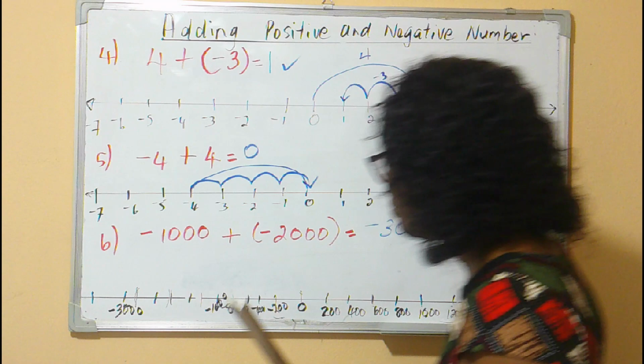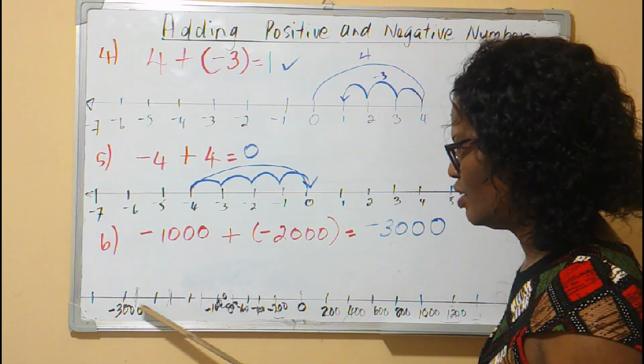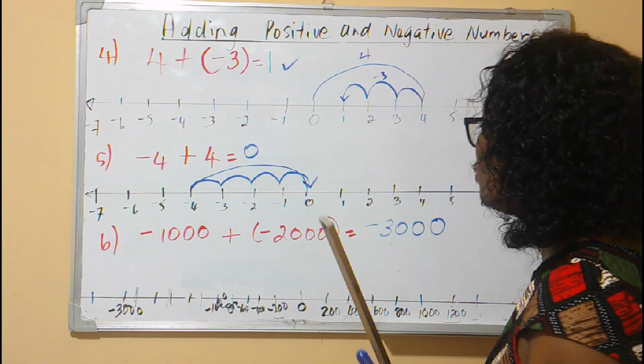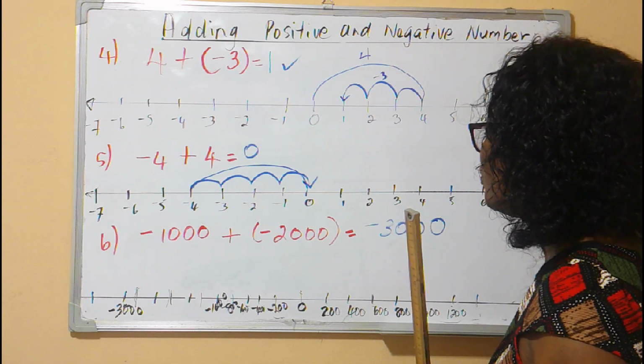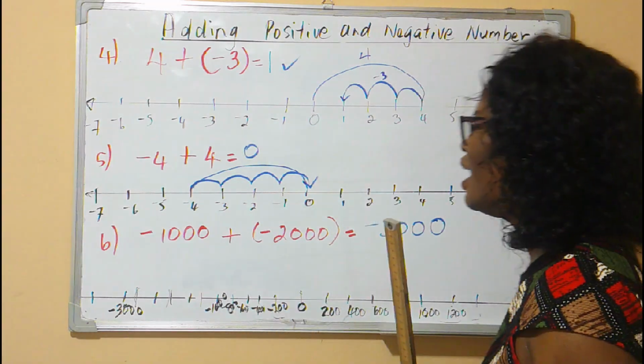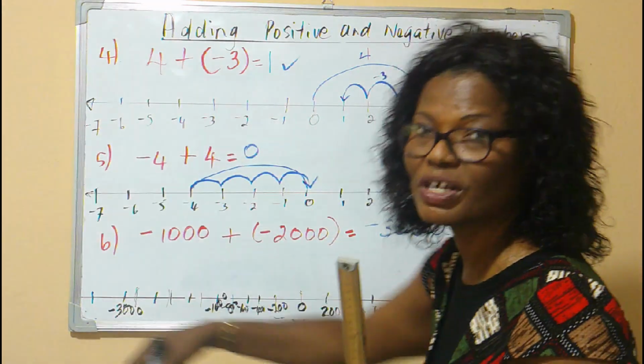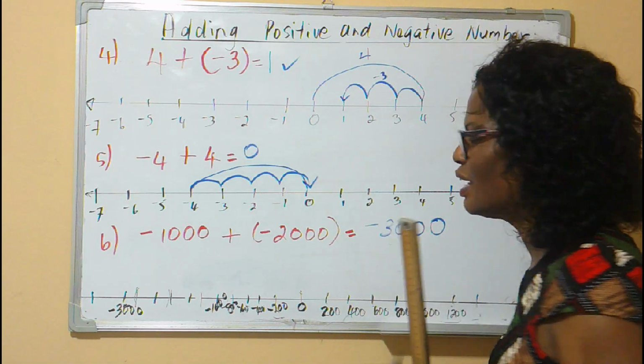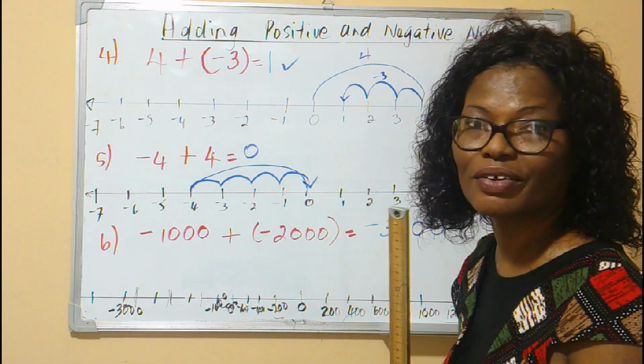I hope you're getting the gist. So we're moving negative 1,000 to the left and then negative 2,000 to the left. So we end up with negative 3,000.